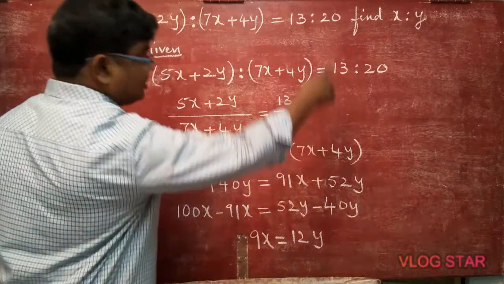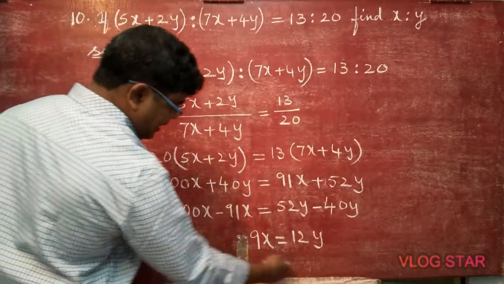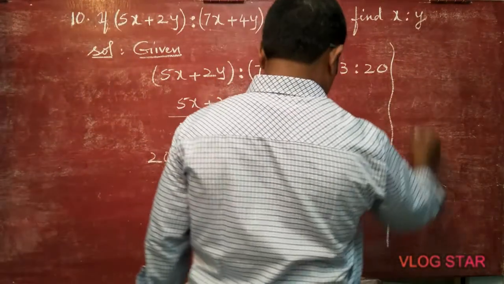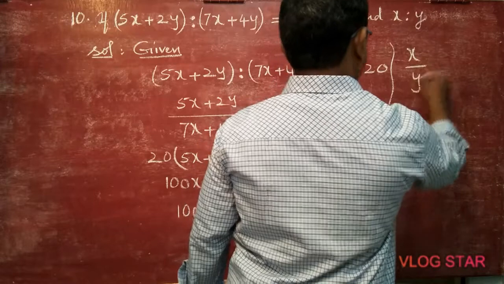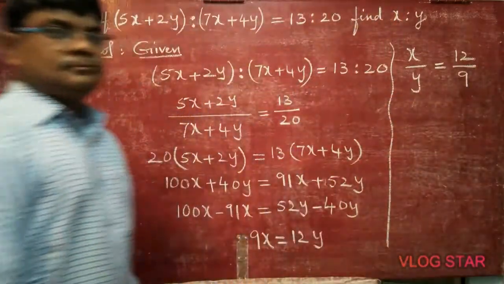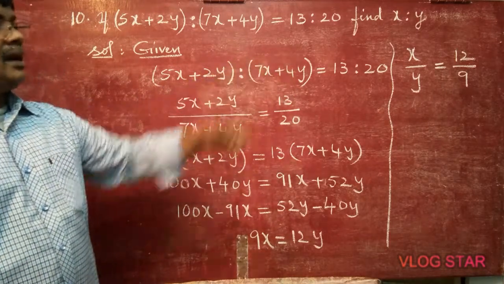Variables one side, coefficients other side. We want x is to y. So x by y: y will come this side and the numerical value will go that side. So x by y is equal to 12 by 9. Now you have to see whether any common table is there.